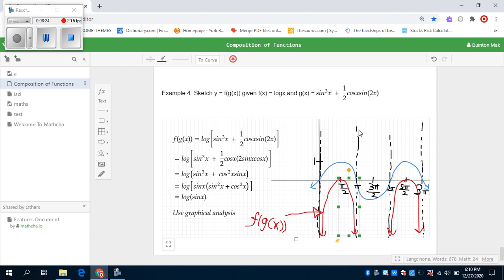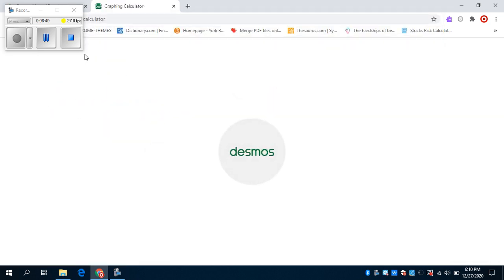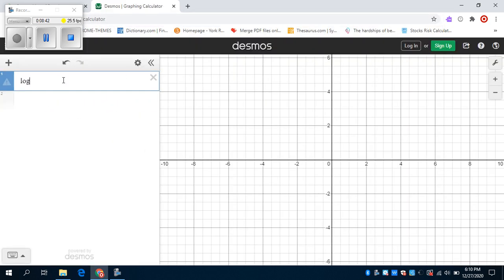And from pi over 2 to 0, the sine graph also approaches 0, so the logarithm will also approach negative infinity. So the logarithmic graph is basically going from like this, approaching negative infinity.